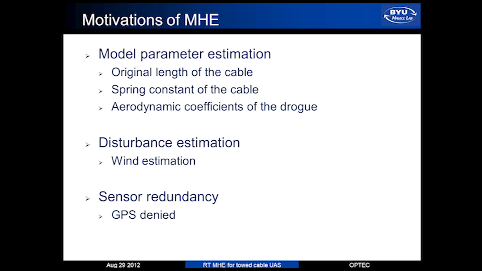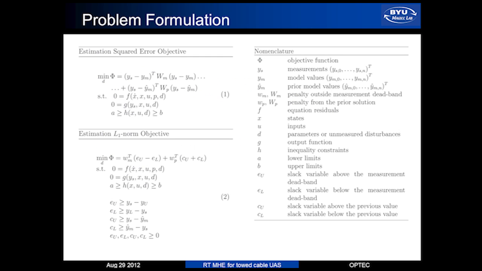So we want to figure out a way to deal with that, even when the GPS is lost. That's the motivation for moving horizon estimation. For this part, we can talk about the formulation of this problem. We will use the L1 norm objective function in it.